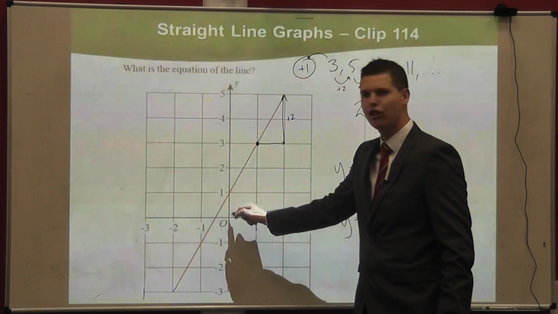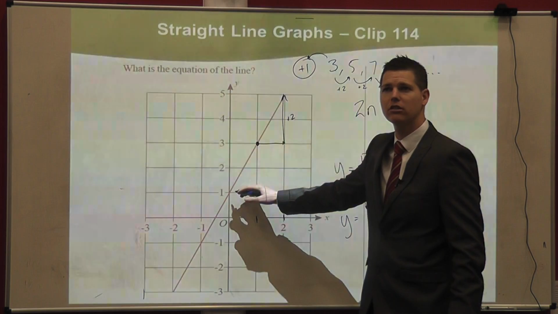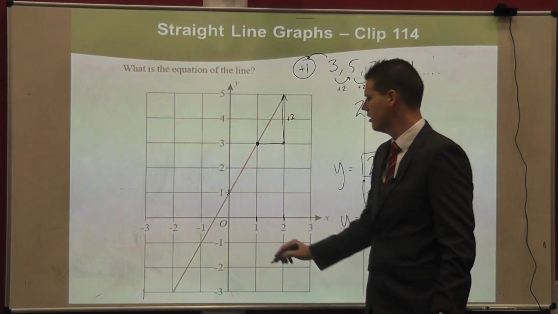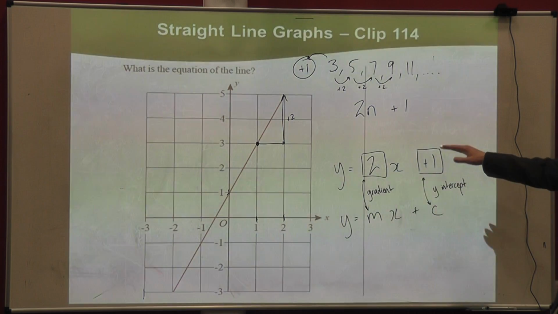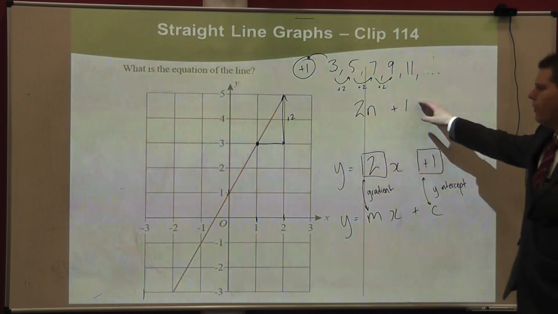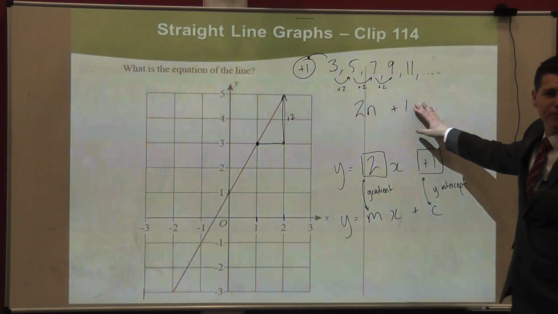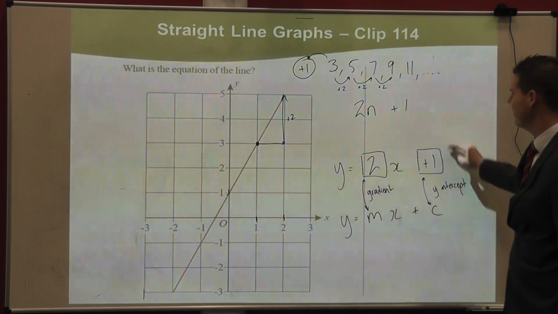So when the x term is 0, where when it's the 0 term, does it cut through the y-axis? In this case, it cuts through at positive 1. So what you end up with is the equation of that line, instead of being 2n plus 1 for the nth term of the sequence, becomes y equals 2x plus 1, but is exactly the same.